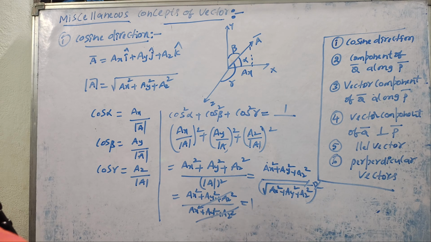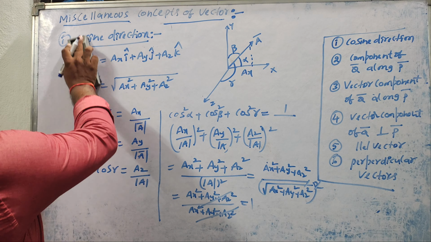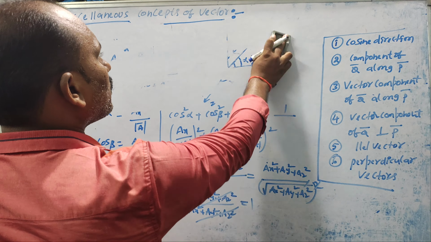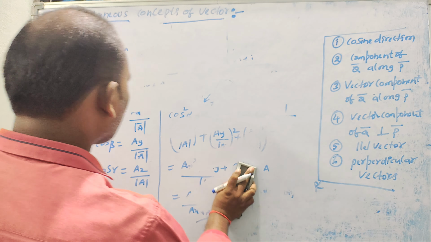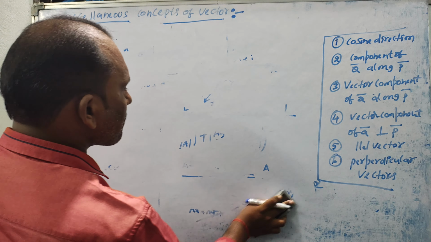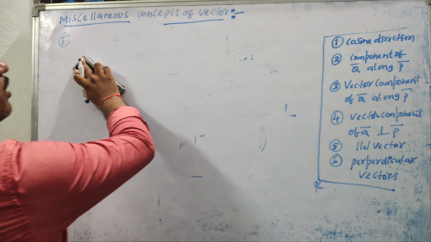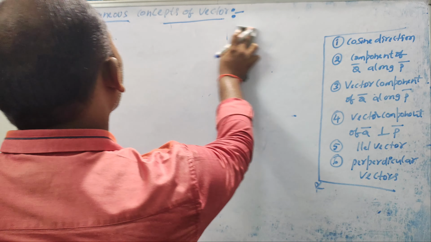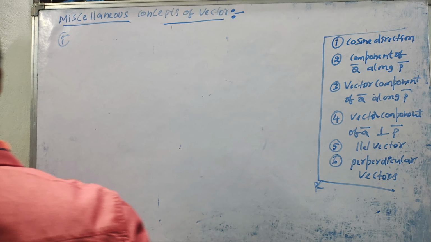So the second thing, under this consideration about cosine directions, another one we are discussing is the cross product. Let's see what will happen. How to deal with the cross products here?